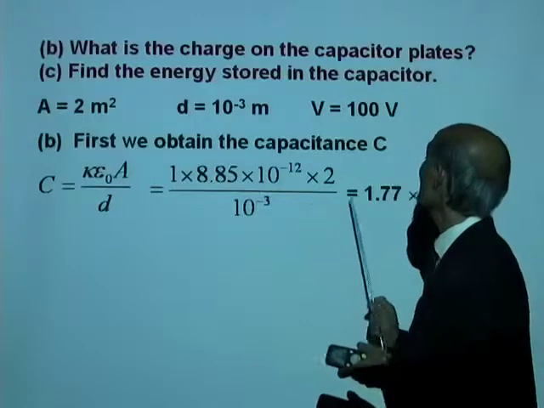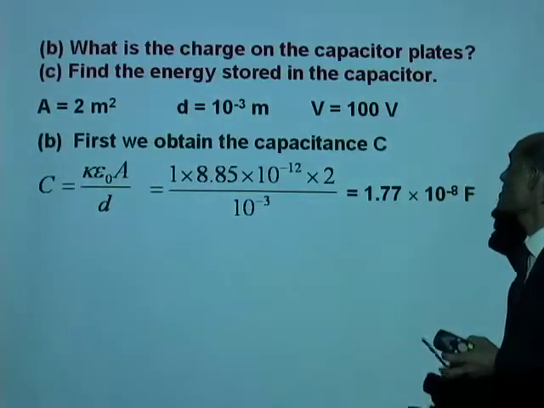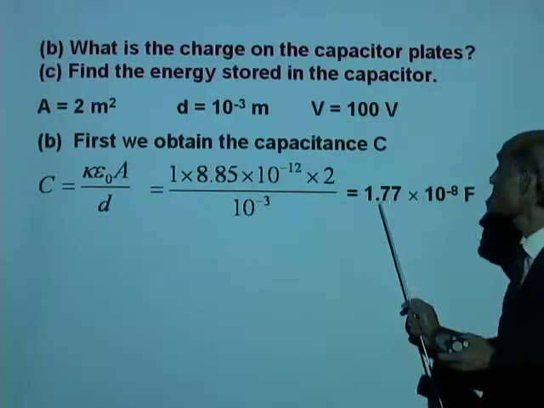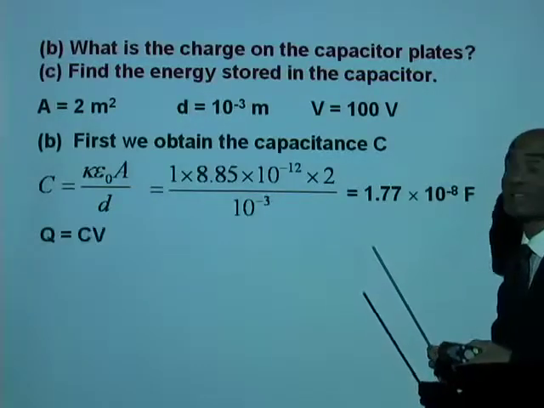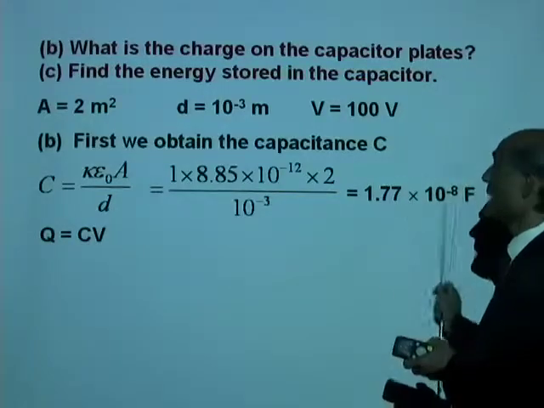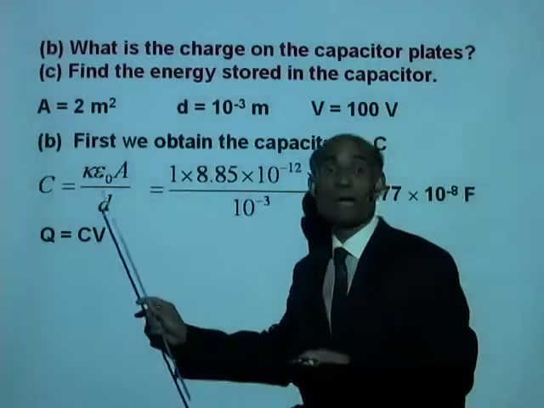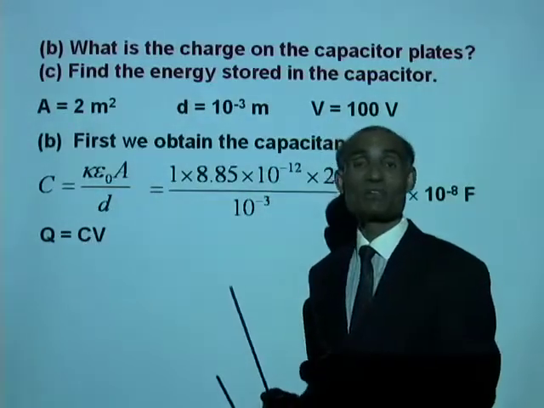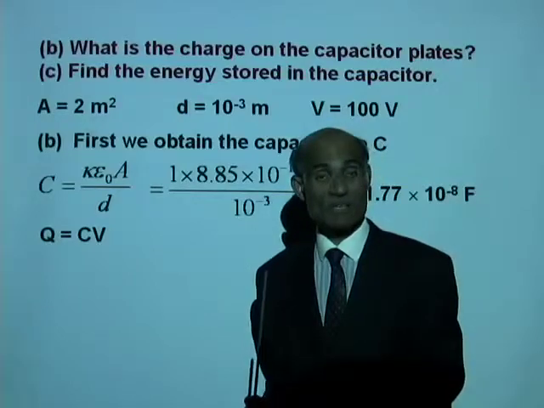We get C equal to 1.77 times 10 to the negative 8 farad, which is 17.7 nanofarad. Alright, now you know the capacitance. Once you know the capacitance, we can find the amount of charge on the capacitor. Q equal to CV. Is that right?